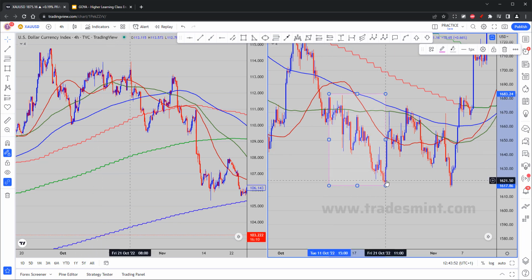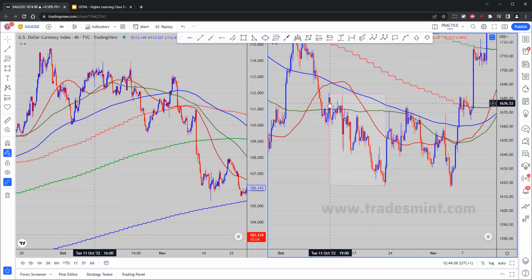We have a bearish movement which started on the 11th of October until October 22. So basically 11 days, gold is bearish, pushing down. Not necessarily a smooth ride down, but slowly but surely we're going down.